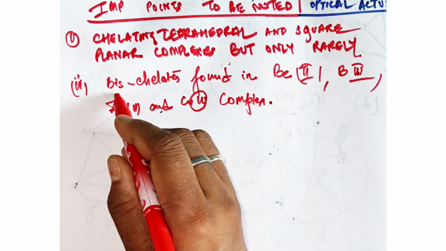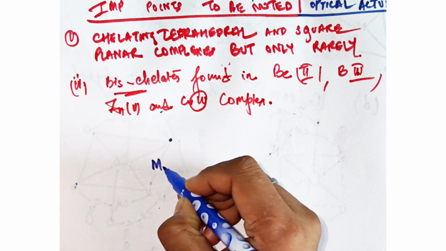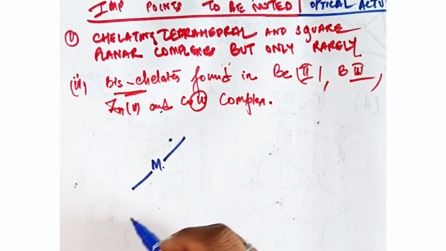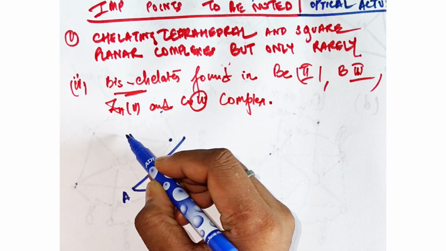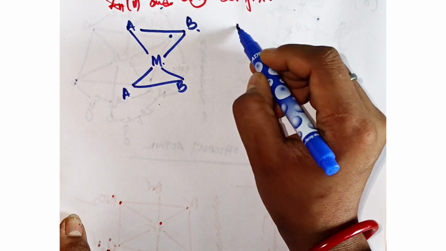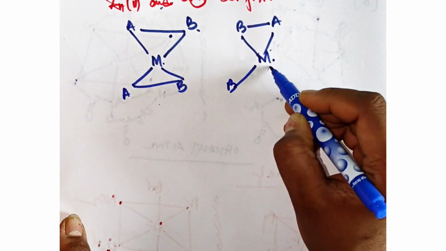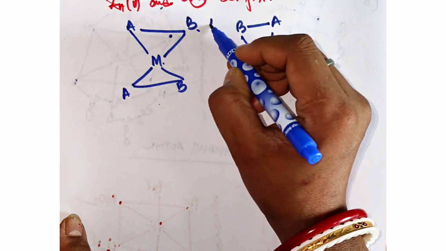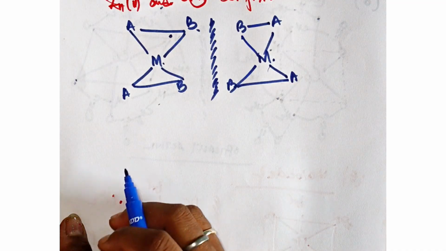What is the type of bis chelates? It is like this. There is a metal atom M, with A and B linked like this, and another B, A. They are mirror images and non-superimposable, so they show optical activity.